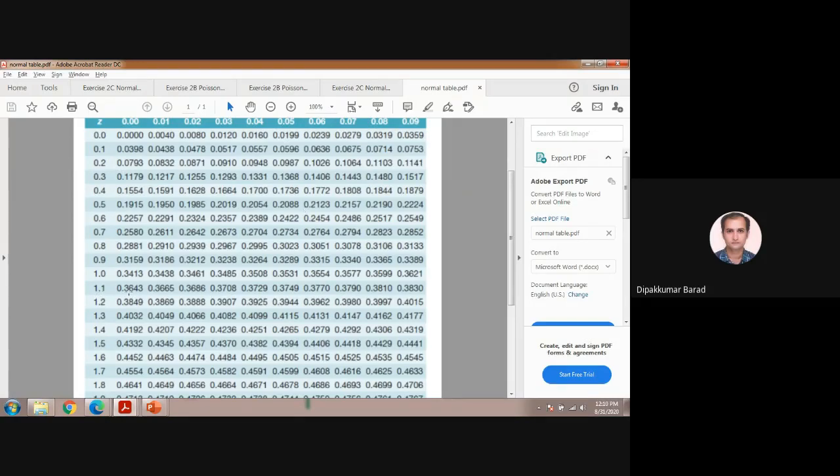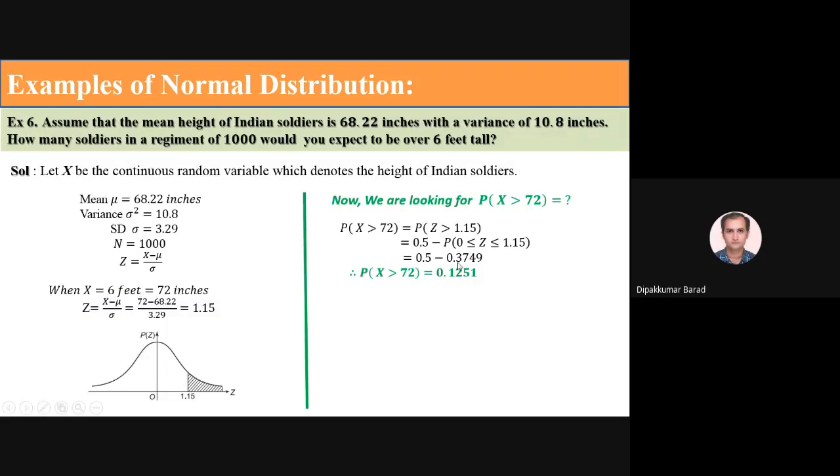So what I get is 0.3749. So 0.5 minus 0.3749, I get P of x greater than 72 is 0.1251.